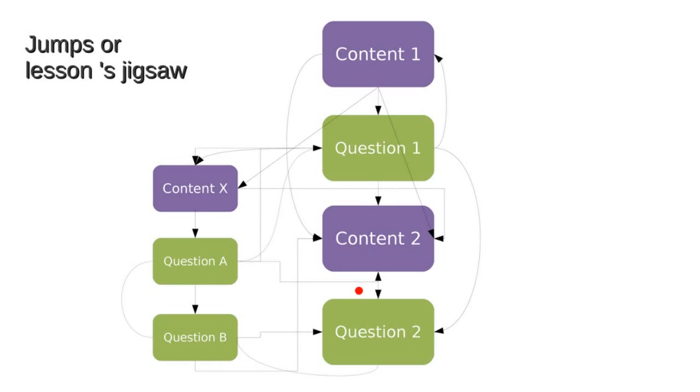Or they can start from content 1, take question 1 and go back to content 1 if the answer is wrong. Or start from content 1, skip the question, and move directly to content 2, for those who like reading. Or start from question 1 and jump directly to question 2, for people who believe they already know the content.